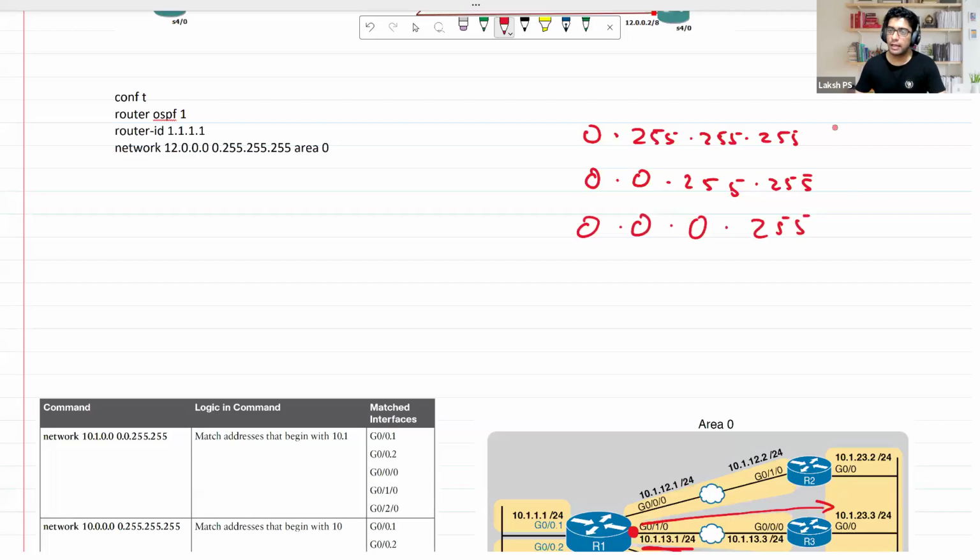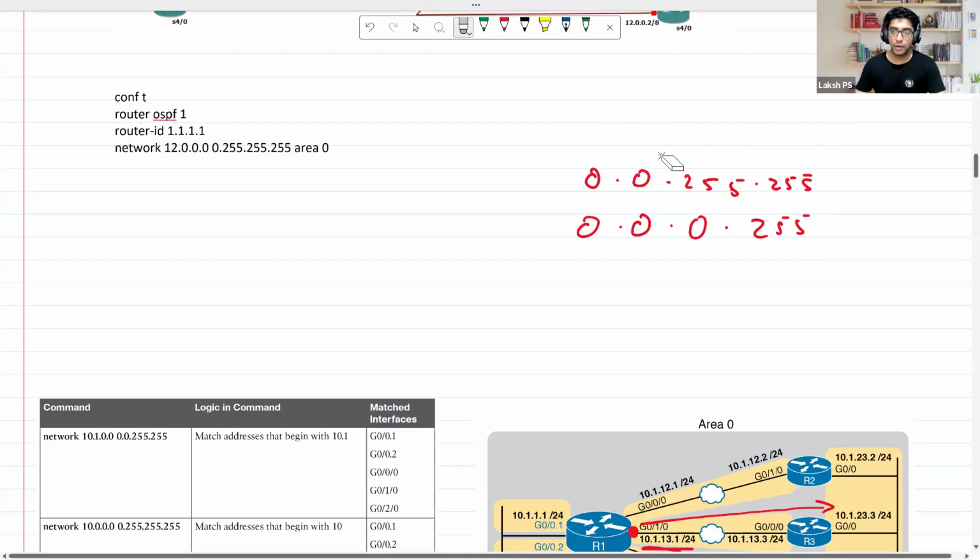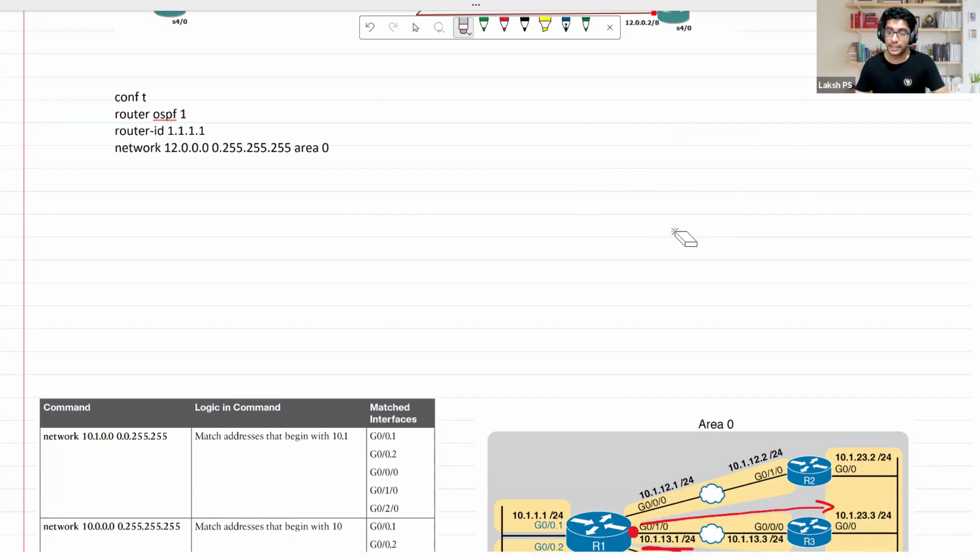You may not see this in real time. Just like our address mask, we had a difficult address mask, where instead of 255, you had 248 or 192 or 224, something like that. In real time also, you may see such IP addresses or address masks.